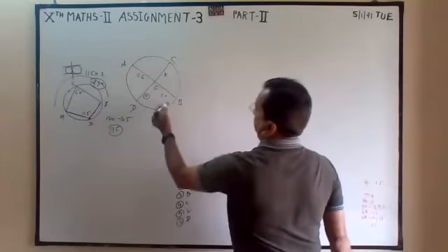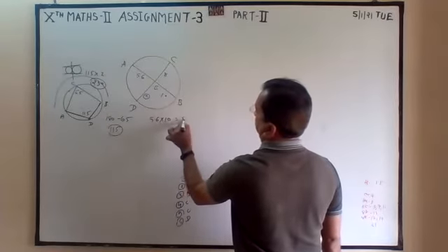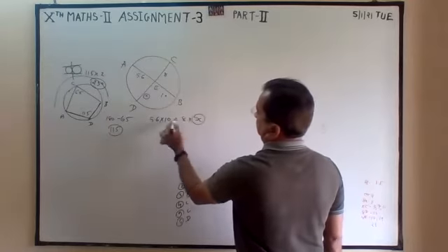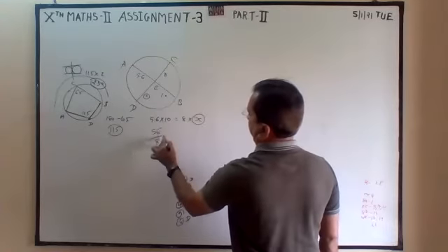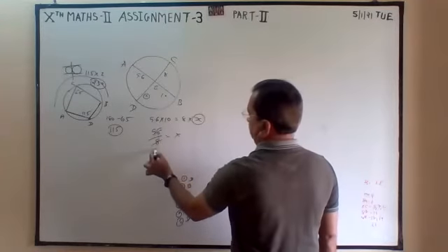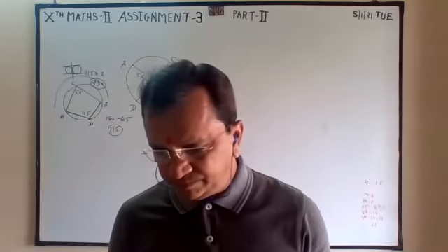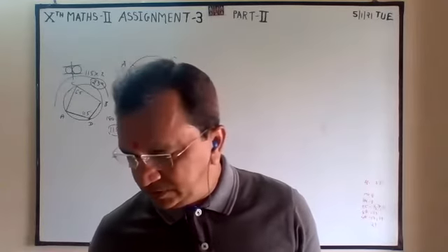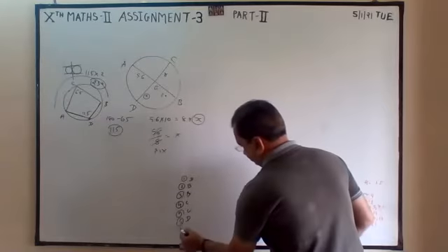So cross product, this into this. 5.6 into 10 is equal to 8 into X. This is 56 divided by 8. So the option number, seventh, 7 first.